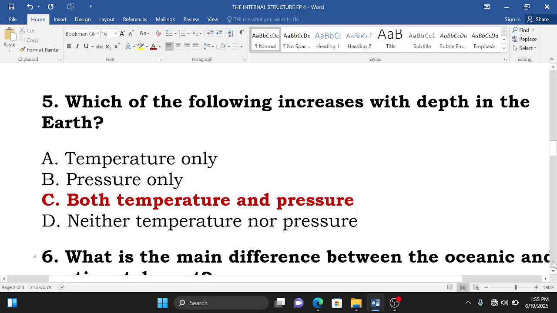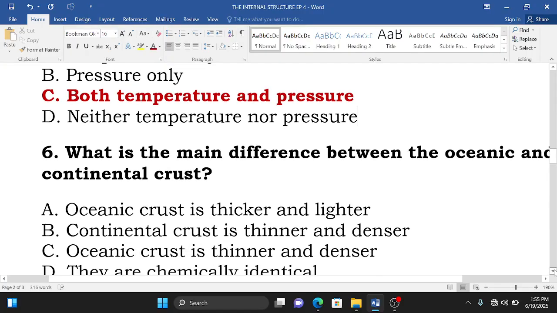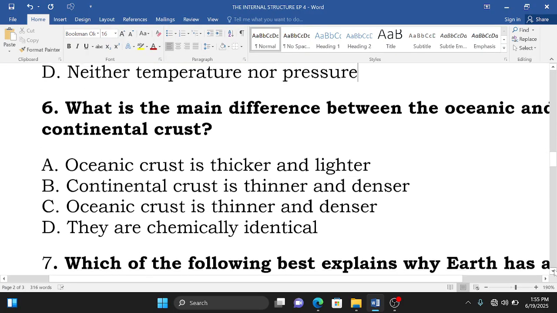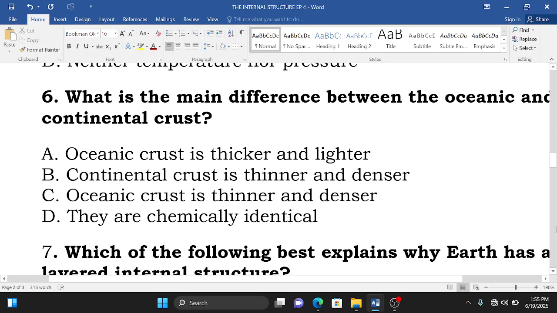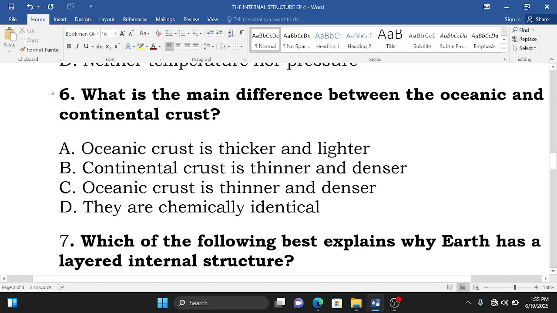We go to question number 6. What is the main difference between the oceanic crust and continental crust? A, oceanic crust is thin and lighter, which is wrong.